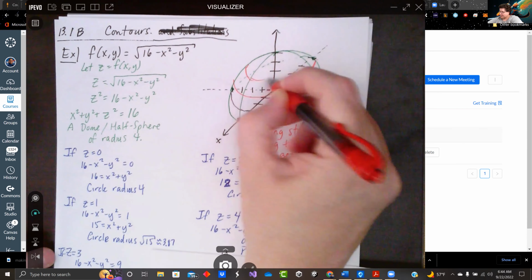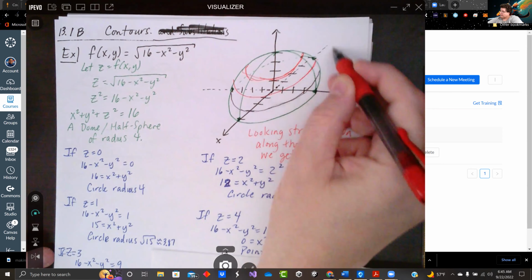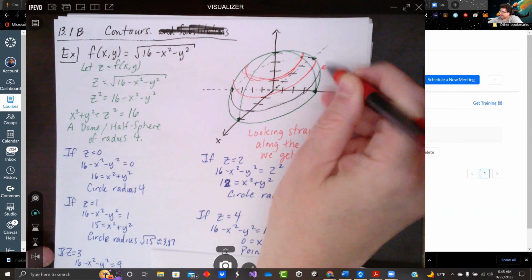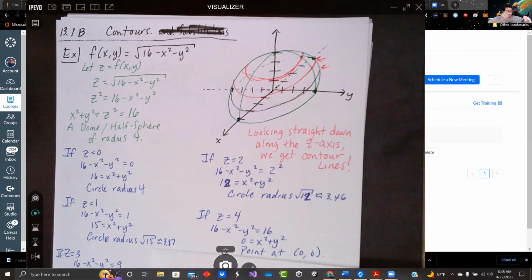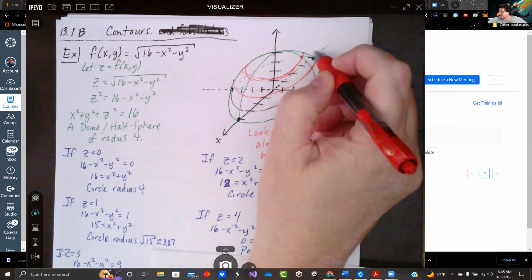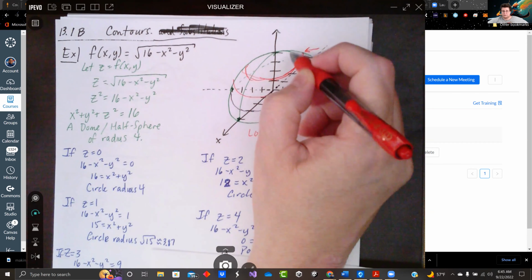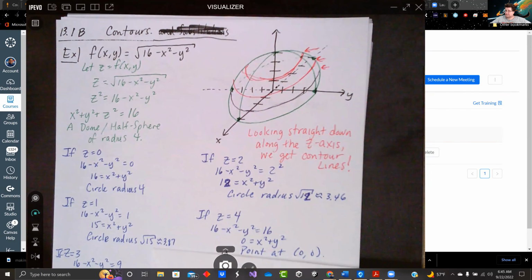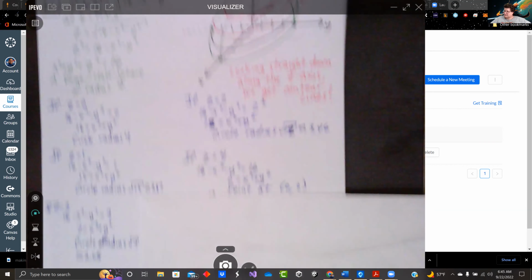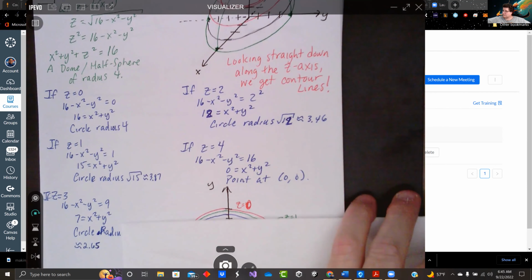Notice it starts getting pretty narrow. We can noticeably see that the part it's going in is getting bigger. And here it's getting even bigger. So I'm guessing when we get up a little larger, we can see it getting even tighter in. Z equals 4, of course, is 0.